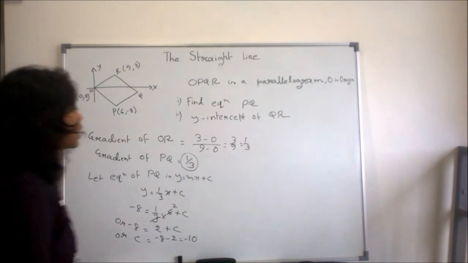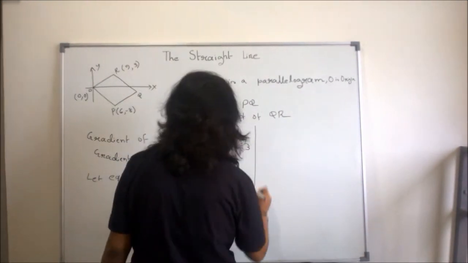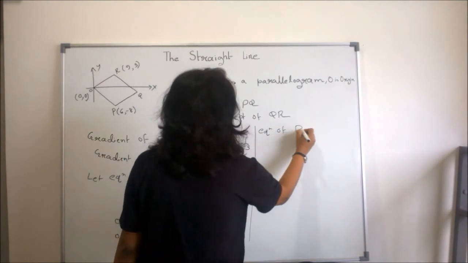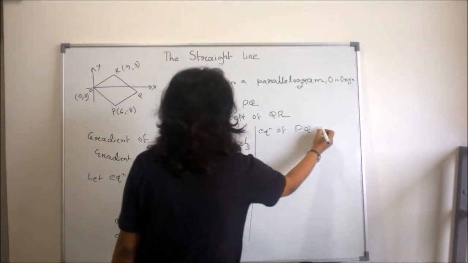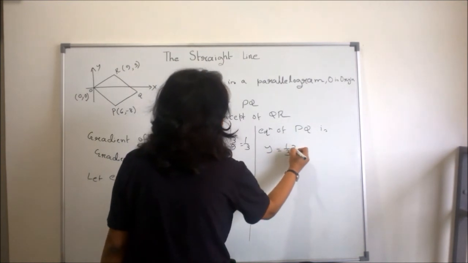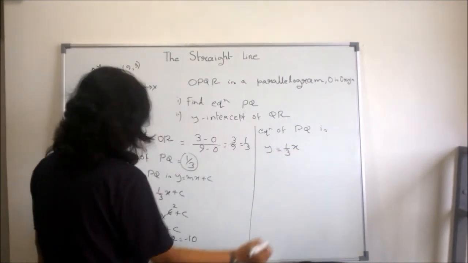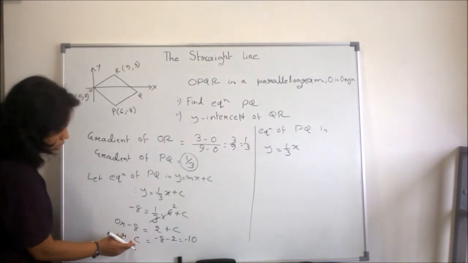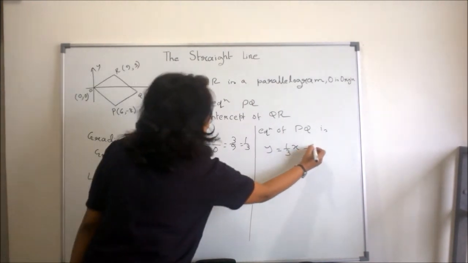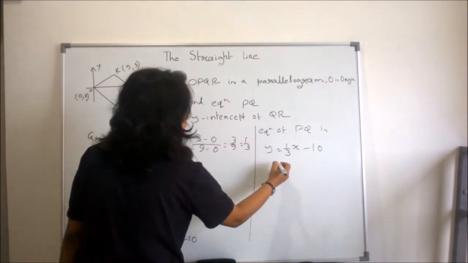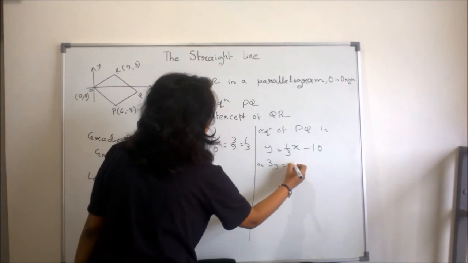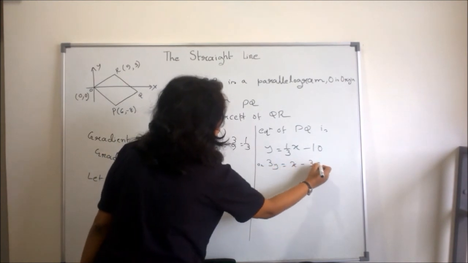Okay, so the equation of PQ is y = 1/3 x, and we have found c = -10, so y = 1/3 x - 10. That is, 3y = x - 30.